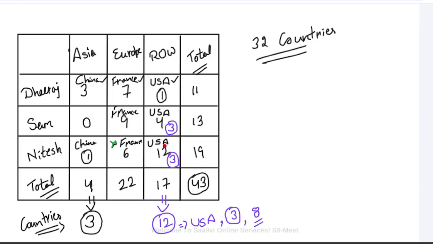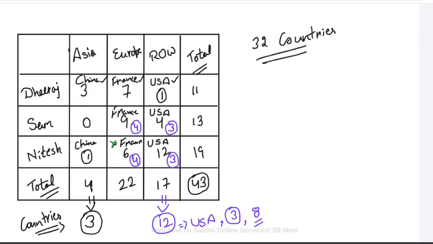That will also be included for Sam and Nitesh because they did not restrict it to only Sam and Nitesh. They said Sam and Nitesh, so it may or may not have Dheeraj in this. So that means four countries here. There should be four again here. That means if we talk about Samantha and Nitesh, they should have four countries common here also.